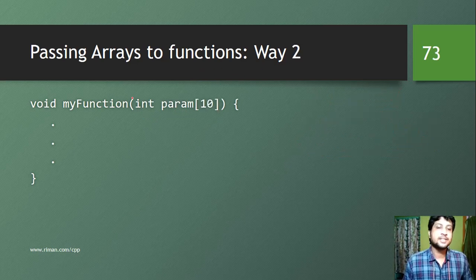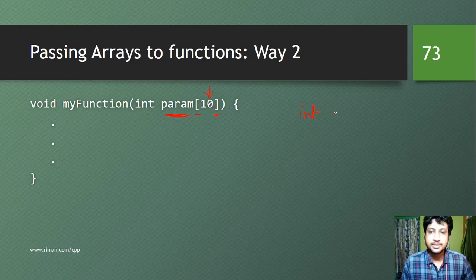In the second format, you specify the number of elements as well as the array name, and you also give the square brackets to denote that this is an array. So this is not the pointer way, this is not a pointer version. Similarly here also, if we have int x[10], we can just call myFunction(x).